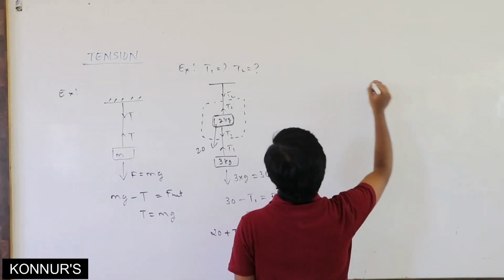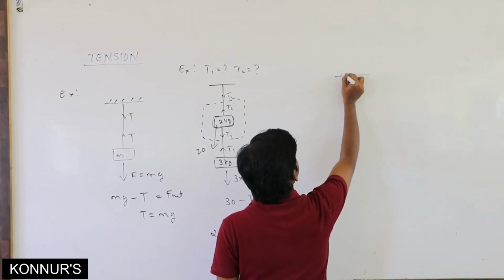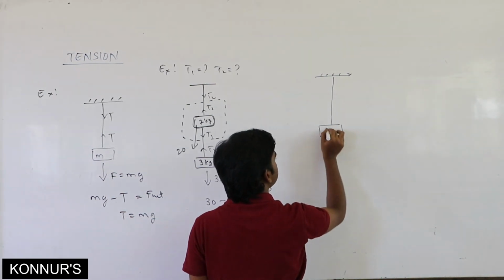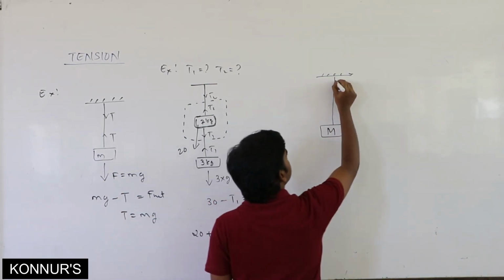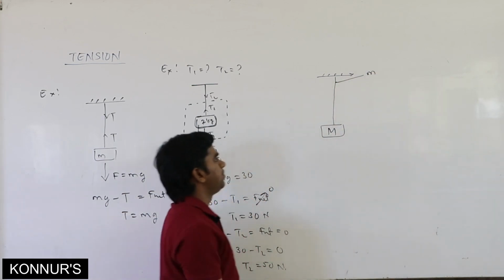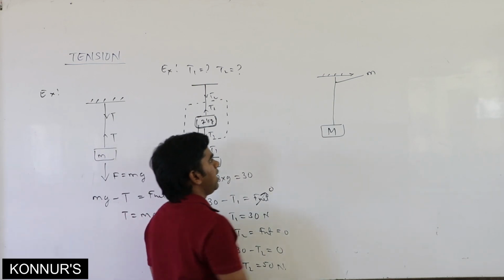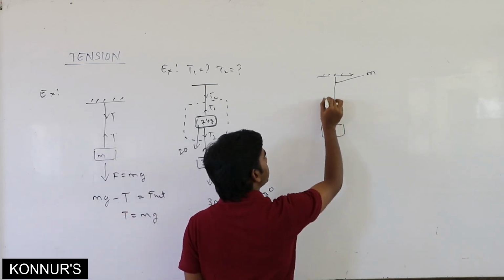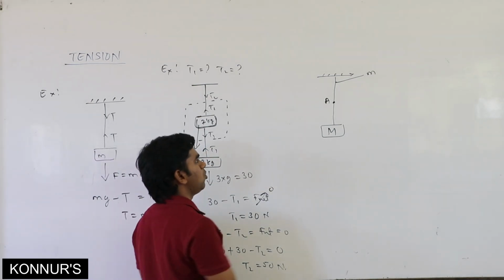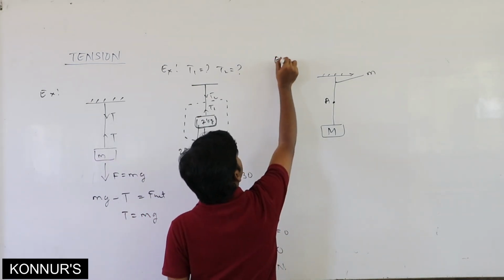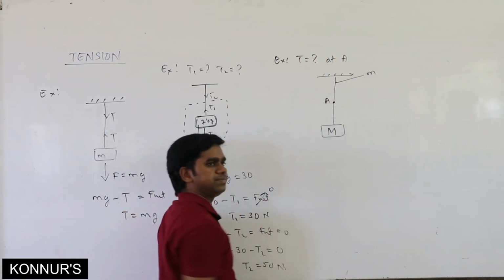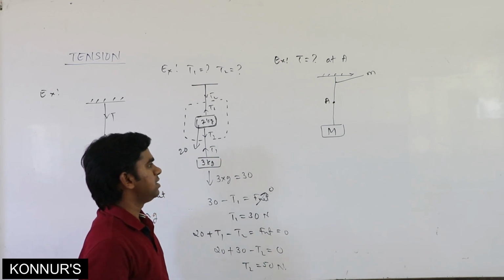Similarly, suppose you have a roof here and a wire connected to a mass M, and the mass of the string or wire is given as m. At the midpoint there is a point A. Now if they ask you to calculate the tension at point A, how can we find it?